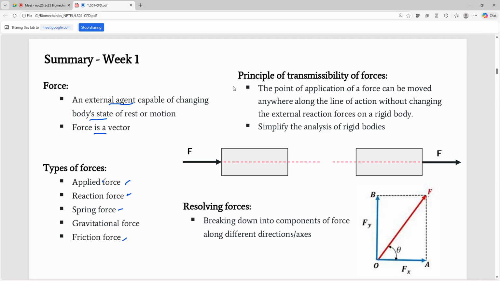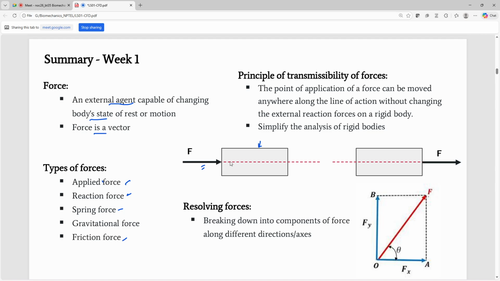One particular principle that is taken for granted in mechanics is the principle of transmissibility. That is, a force can be moved along its line of action. Suppose this block is a body, and this red arrow is a force applied to it, and this red line is the line of action of the force.